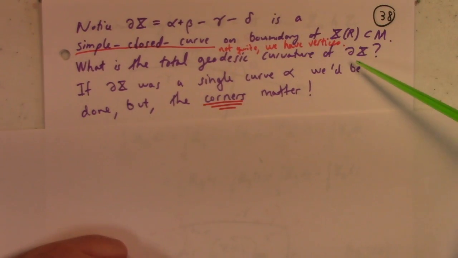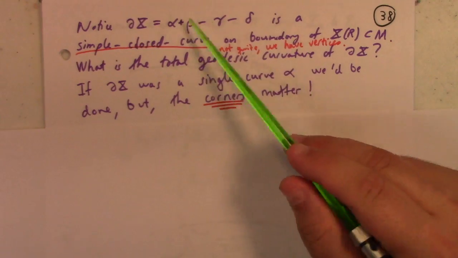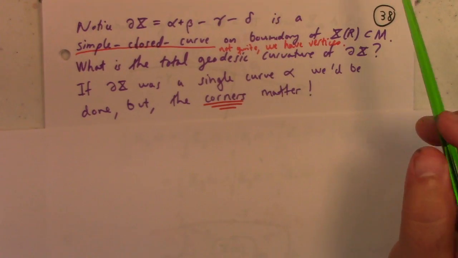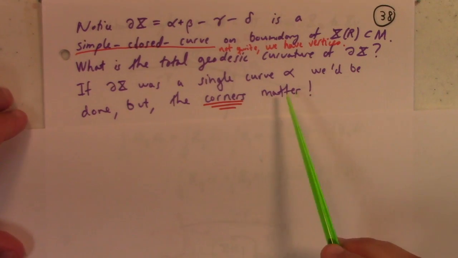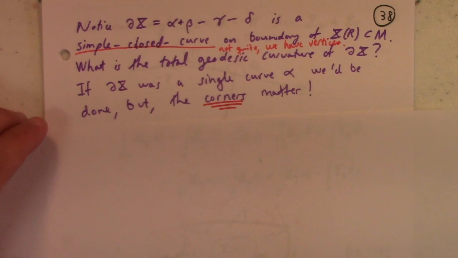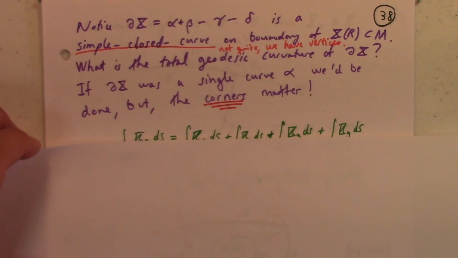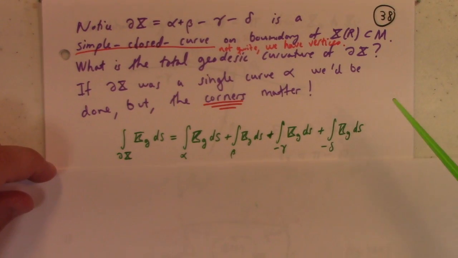So what's the total geodesic curvature at the boundary of X? I mean, this is true in terms of the point set, all right? That's definitely true. But when you're calculating the total geodesic curvature of that boundary, the corners matter, all right? If it was a single curve, we wouldn't have to worry about it, but the corners matter here because the angle can change at those corners, right?